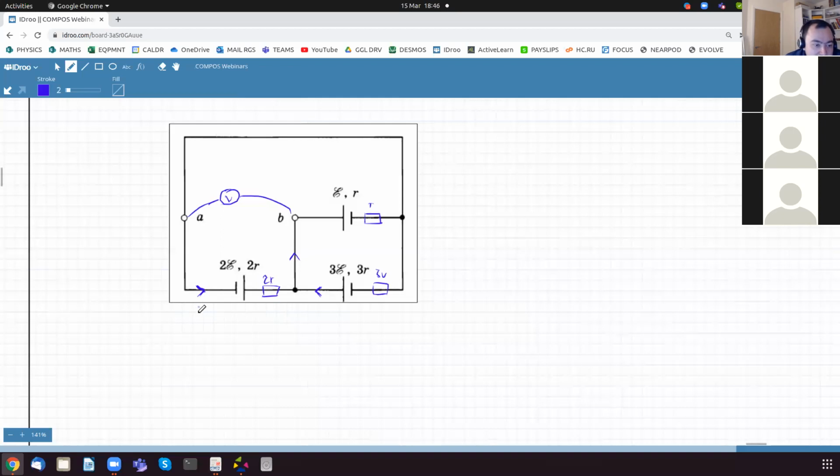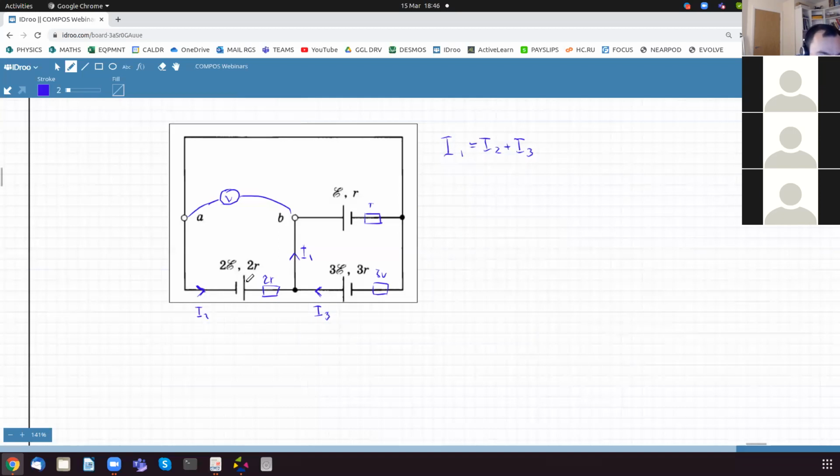So I'm going to label them I2, I3, and I1. And of course, I1 is equal to I2 plus I3. And this is where we need to be very careful with the Kirchhoff's laws.